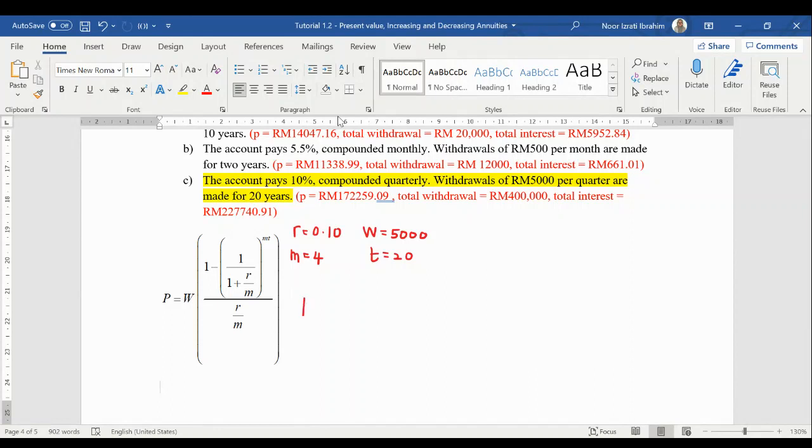Now let us find the present value. Put all the values in the formula. 5,000 multiplied with the whole bracket: 1 minus 1 over 1 plus R over M, 0.10 over 4, to the power of MT, 4 times 20 is 80, over R over M, 0.10 over 4.